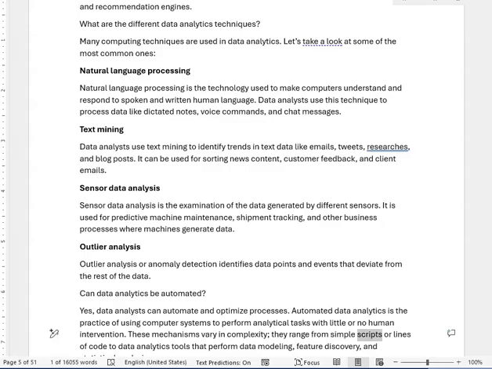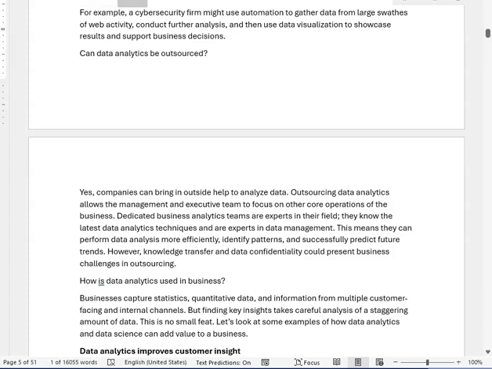They range from simple scripts or lines of code to data analytics tools that perform data modeling, feature discovery, and statistical analysis. For example, a cybersecurity firm might use automation to gather data from large swathes of web activity, conduct further analysis, and then use data visualization to showcase results and support business decisions.